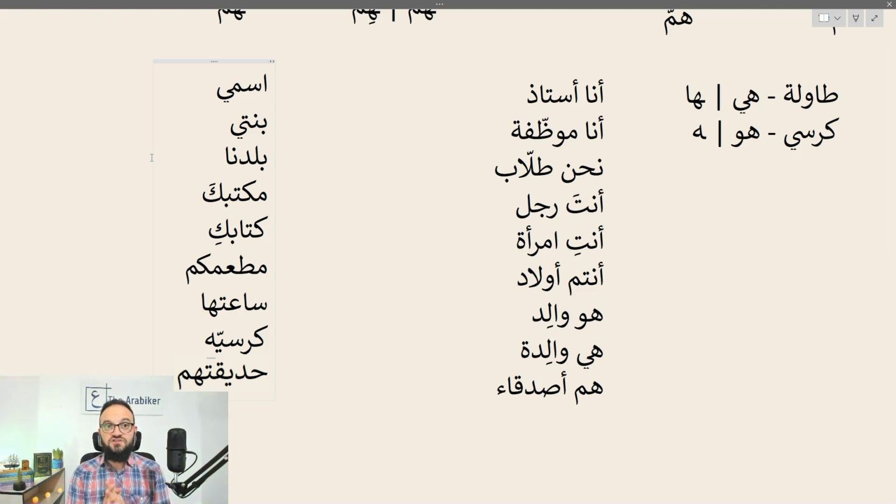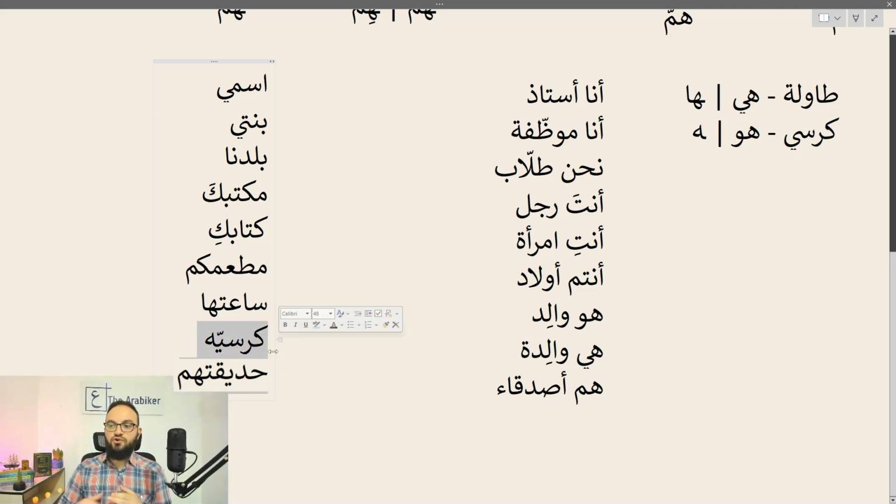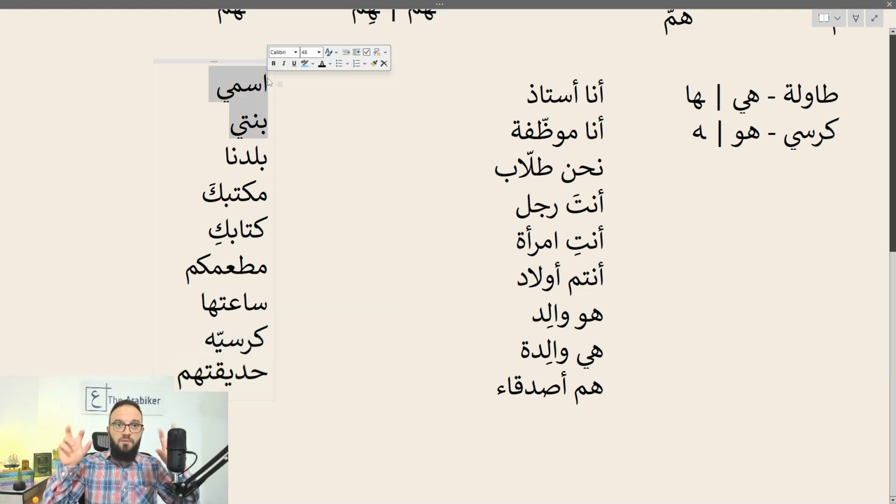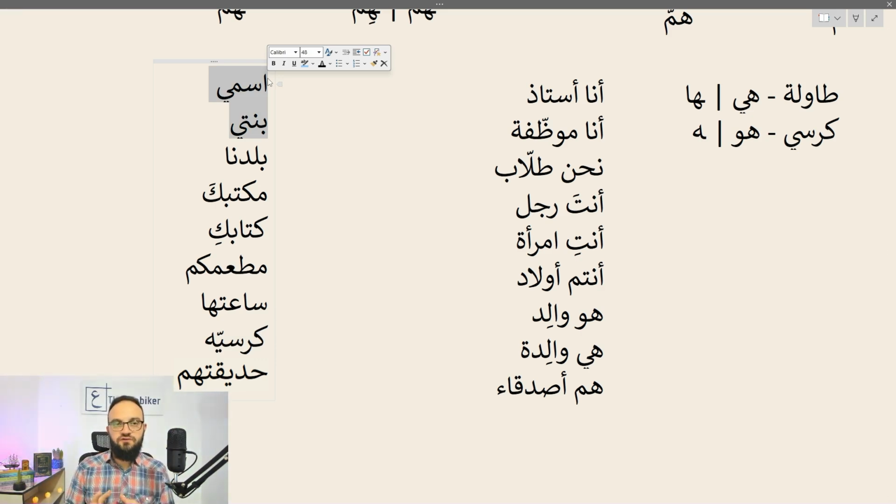For that last two, the sound of the pronoun itself is affected by the preceding vowel, as we talked about, the phonetic reason. كرسيه or كرسيه, حديقتهم or حديقتهم or حديقتهم again, and so on and so forth. For my, this pronoun swallows all the case endings, so you won't hear any differences. It's always ismi, binti, and so on and so forth.